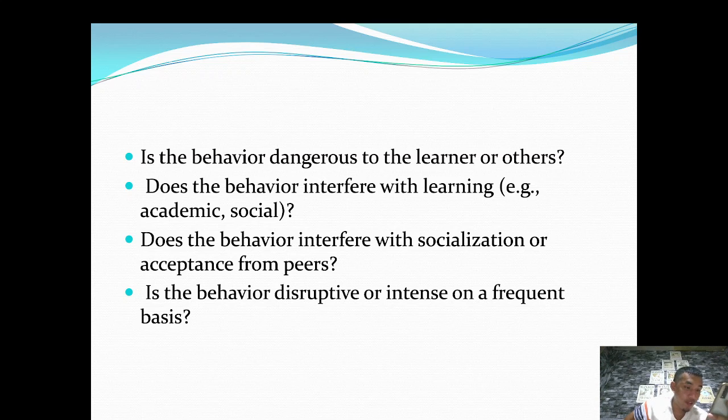And if the interfering behavior might occur because learners are being asked to demonstrate a skill that they cannot perform. For example, does the learner not know how to use skills needed in a particular setting or activity, or is the learner able to use needed skills but not consistently?